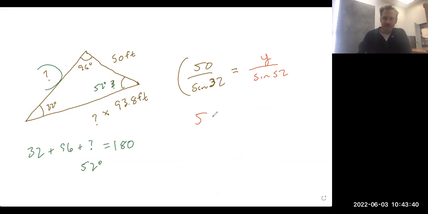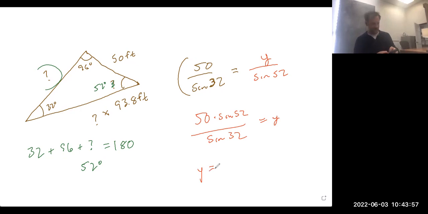And so 50 times sine 52 divided by sine 32 equals y. So then y equals whatever that is. 74.4 looks like, rounded to the nearest tenth.